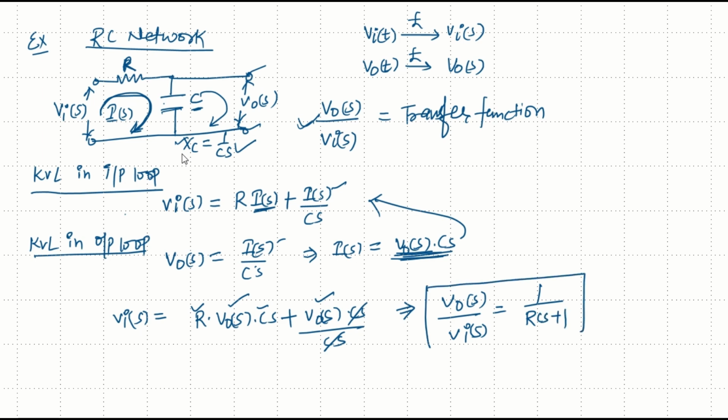So, this is the transfer function of this RC network. Now, remember, the general expression for the first order system was 1 upon Ts plus 1. If we compare these two expressions, we can say that the time constant for the system is R into C.